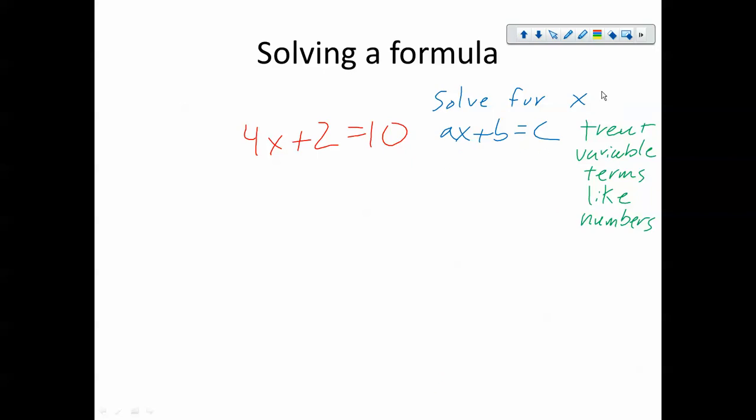It's just that if we were to take this a value, right, we could say that the a value is 4, and we could say that the b value is 2, and we can say that the c value, right, is 10, okay? So this equation over here is the same as this equation over here. It's just got numbers for a, b, and c.